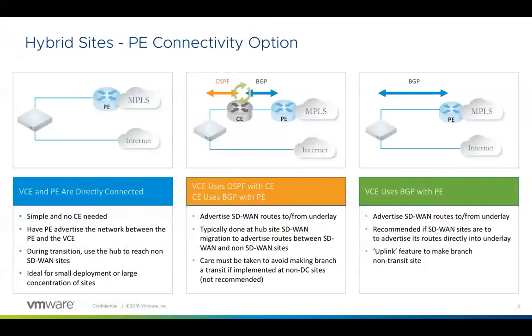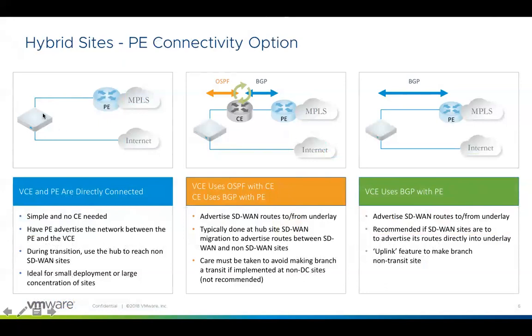And so all traffic going site to site would be encapsulated within the tunnels across both MPLS and the internet, and the MPLS provider would never actually see that traffic. So this is simple, and really no CE is needed.